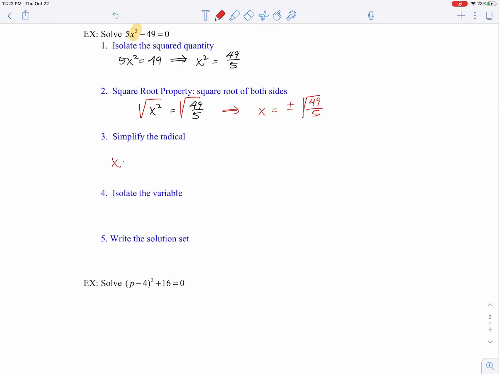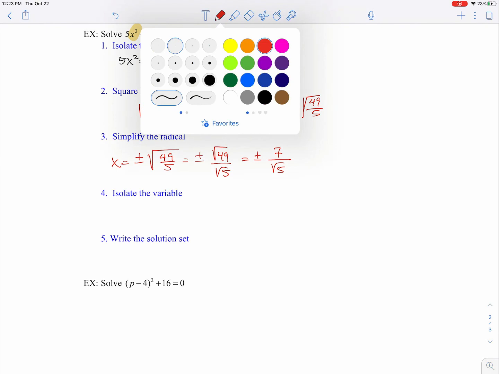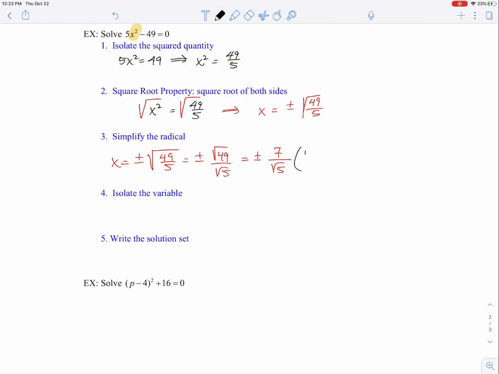And then it says simplify the radical. X equal to plus or minus the square root of 49 over 5 is plus or minus the square root of 49 over the square root of 5, which is plus or minus 7, because 49 is a perfect square. Not a lot we can do with the square root of 5, but we can rationalize the denominator by multiplying top and bottom by the square root of 5, and this becomes plus or minus 7 root 5 over 5.